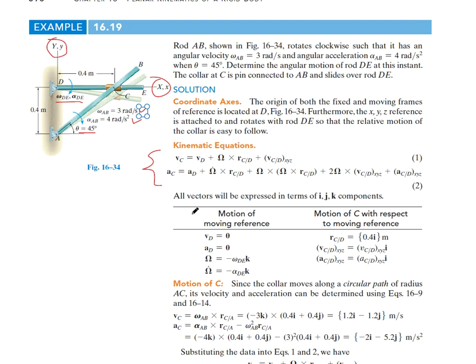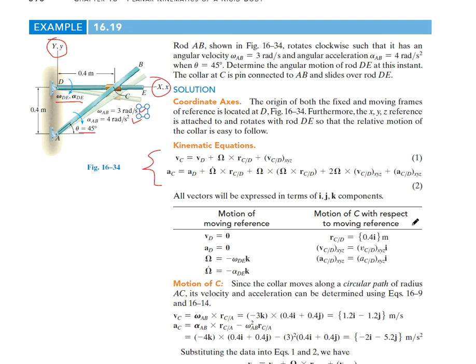and it's systematic to put everything in a table. So we have D as a fixed point, so the velocity of D is 0, as well as acceleration, and intuitively omega and alpha are clockwise. If they are, then the omega and omega dot would be negative: omega D and alpha D times the k unit vector.